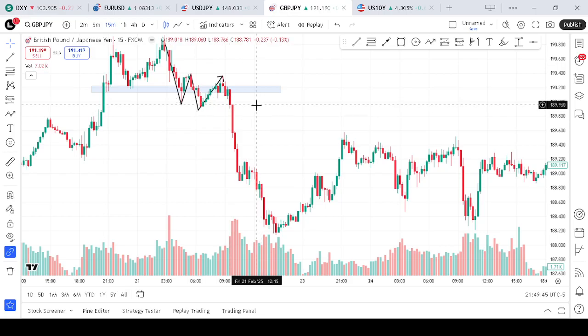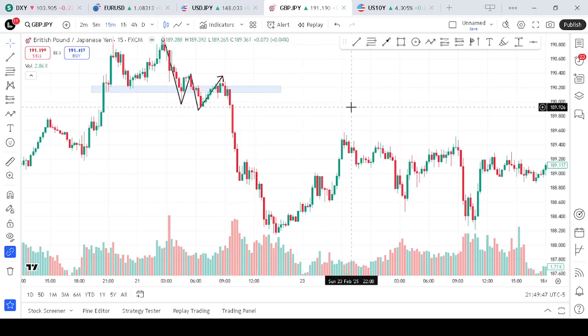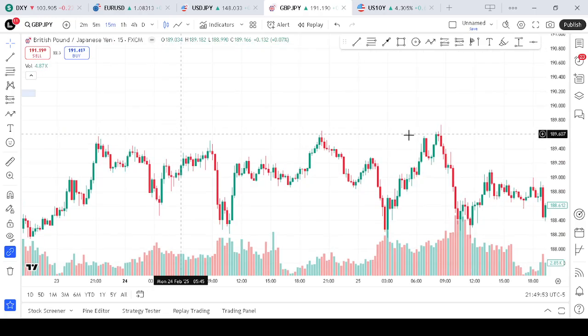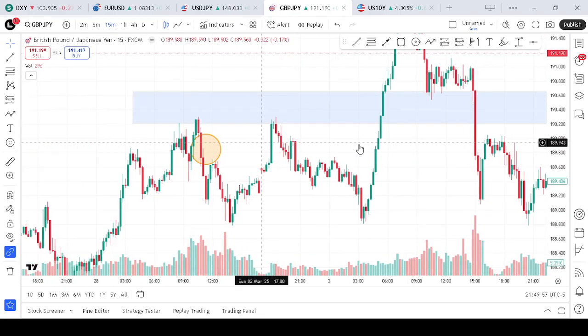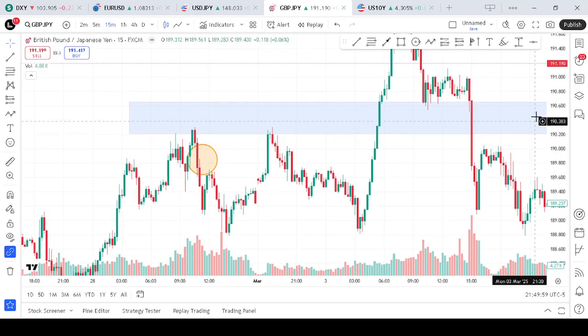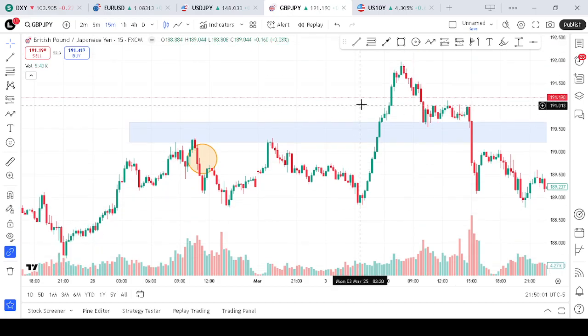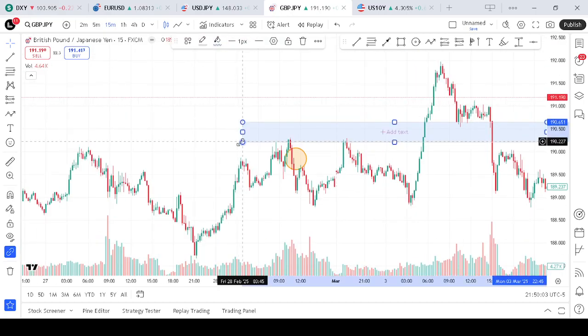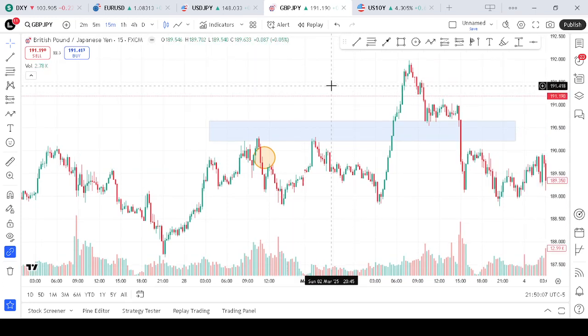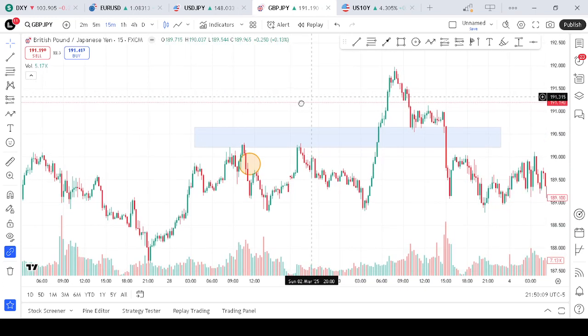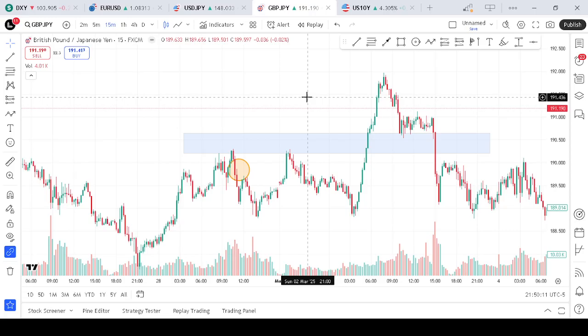Let's see how we can confirm this signal as a reversal signal in an uptrend.